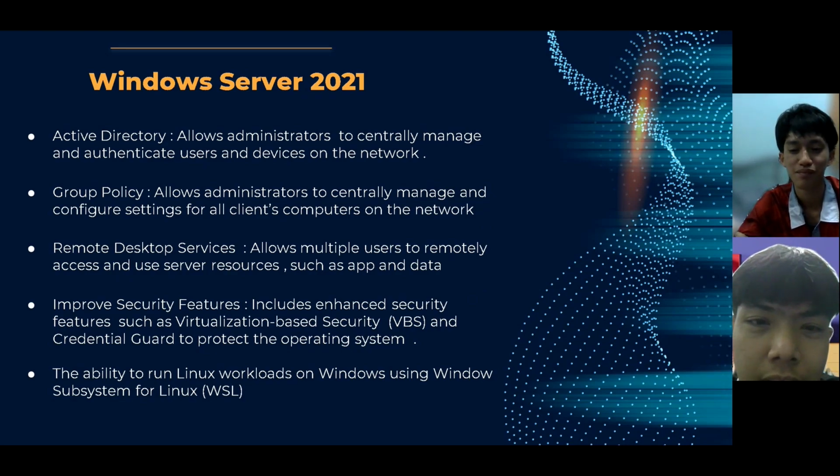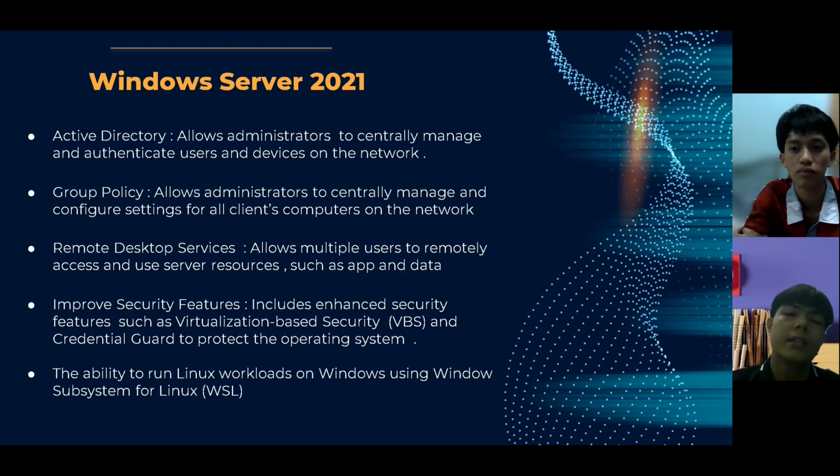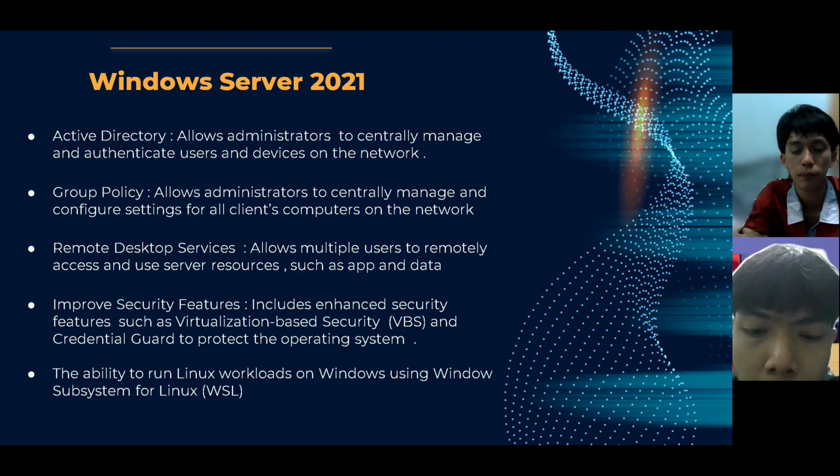For the server system software, we are using Windows Server 2021. This is suitable for client-server networking because it has a built-in Active Directory, which allows administrators to centrally manage and authenticate users and devices on the network.